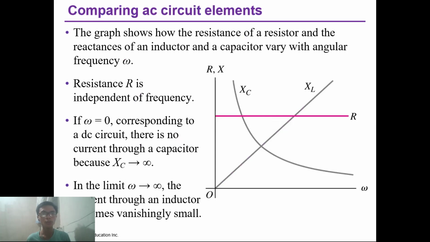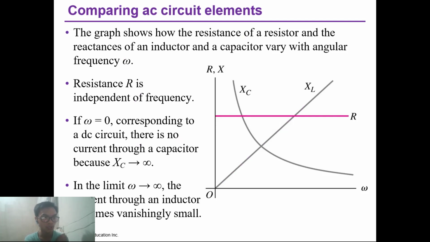So let's try to compare the alternating current circuit elements. We have here a graph that shows how the resistance of a resistor and the reactance of an inductor and a capacitor vary with angular frequency. Remember that the resistance, represented by R, is independent of frequency.